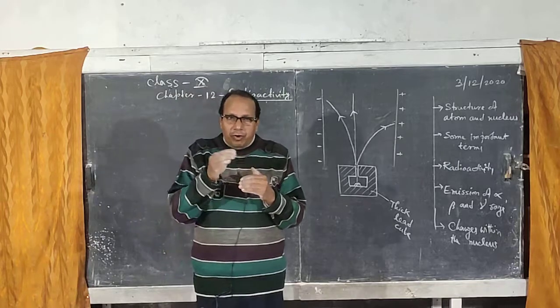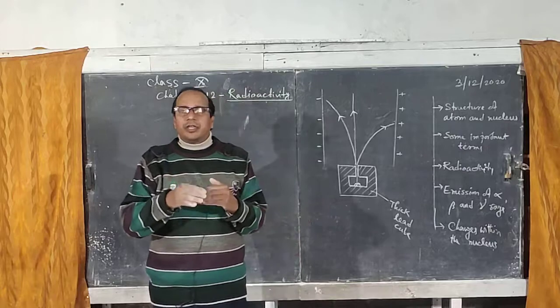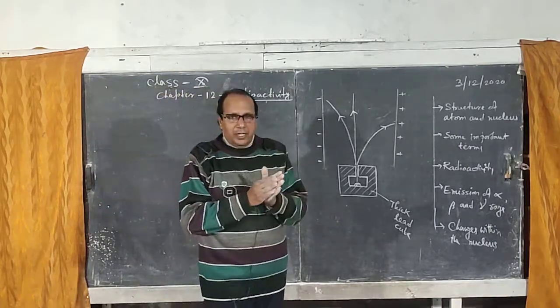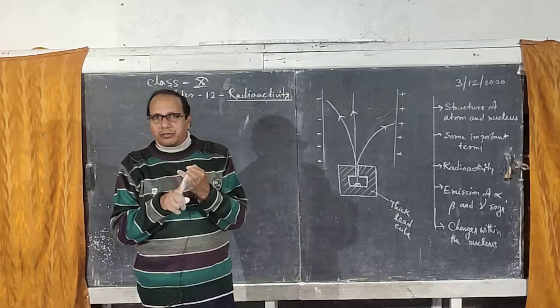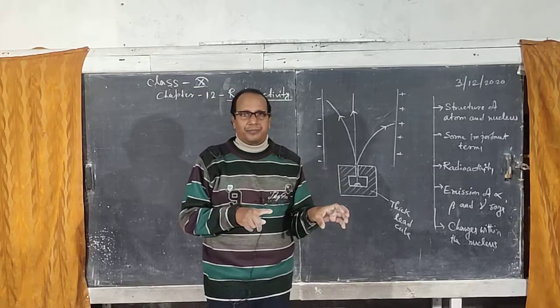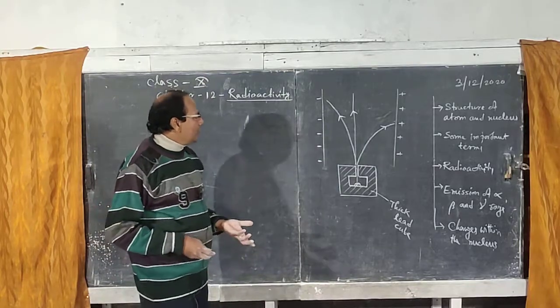They revolve around the nucleus in different orbits according to their energy level, right? So simply you can say that an atom consists of three particles: protons, neutrons, electrons. Protons and neutrons are combinedly packed in a nucleus, called nucleons, whereas electrons revolve around the nucleus.